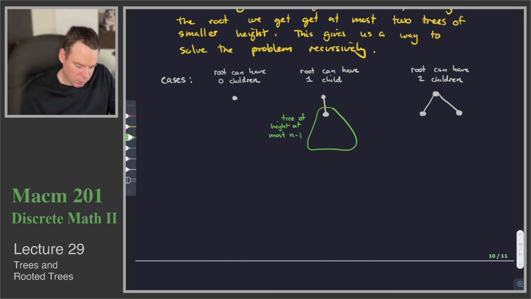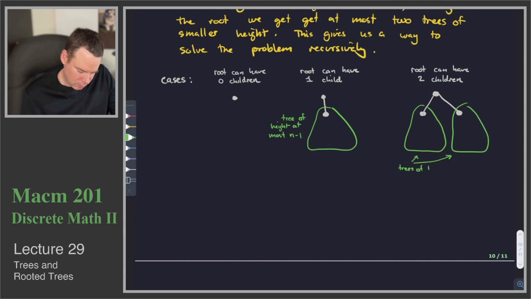And if our root has 2 children, then what we have hanging off of those 2 children are trees of height at most n minus 1. So then we just think of how many ways there are to populate these places for trees.